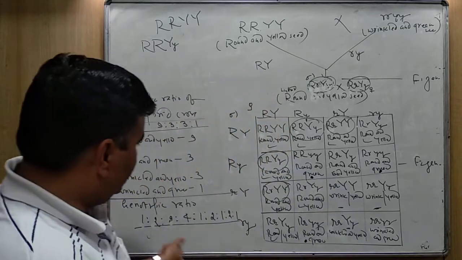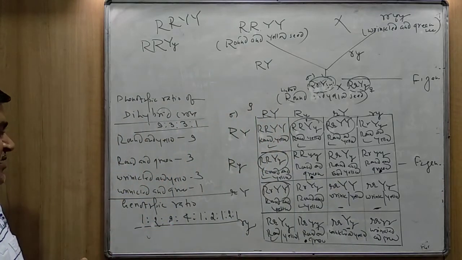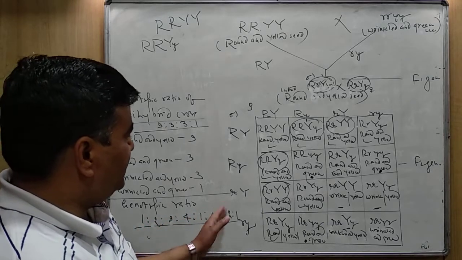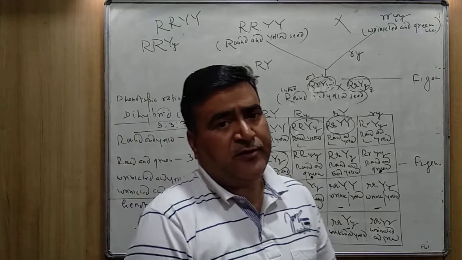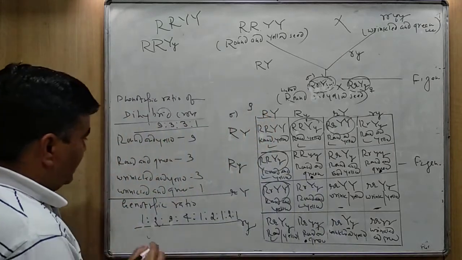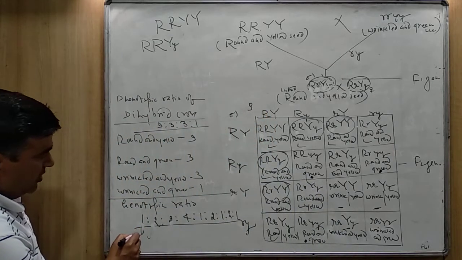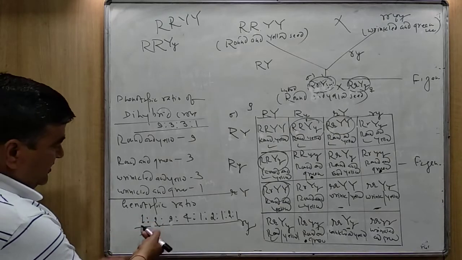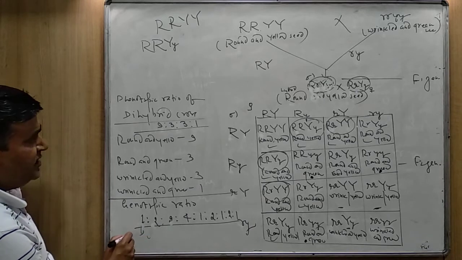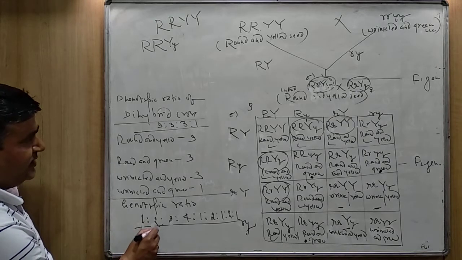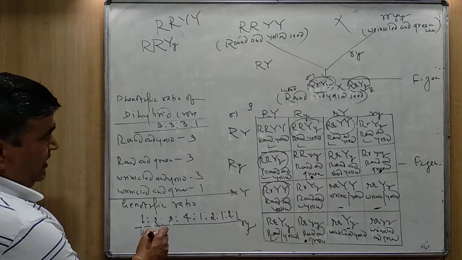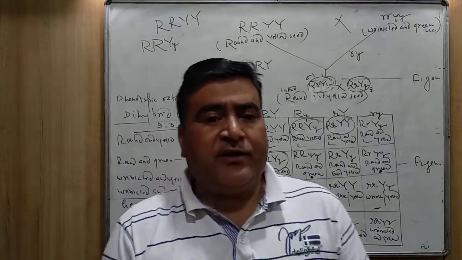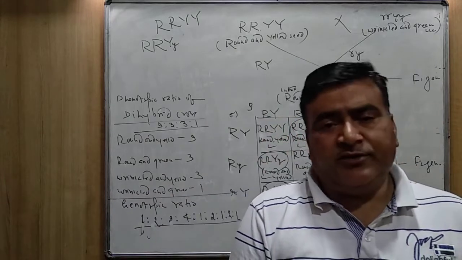While the genotypic ratio of the dihybrid cross I have written here is 1:2:2:4:1:1:2:1:1. But you will write below also what is 1, what is 2, what is their phenotype also. Here you will write pure round and pure yellow, like this, pure round and hybrid yellow. So accordingly you will write in the genotypic ratio also.